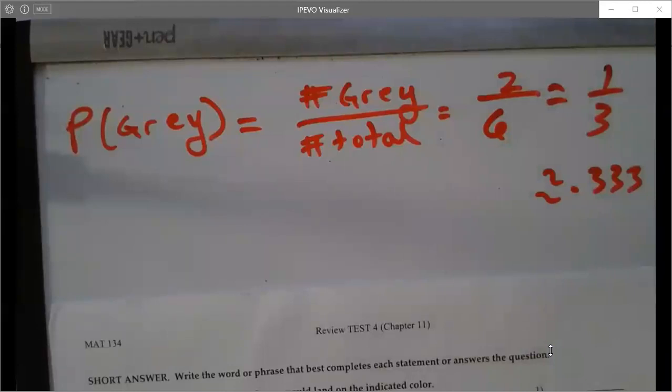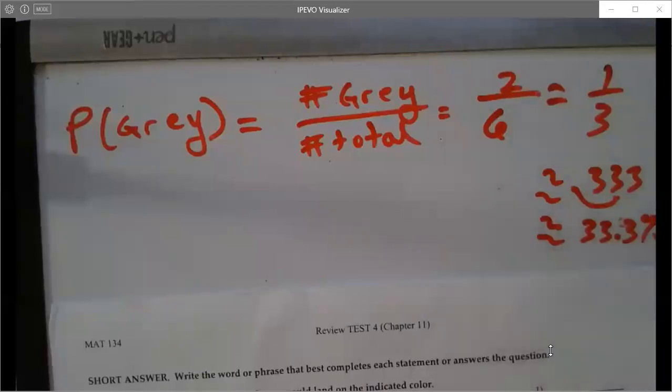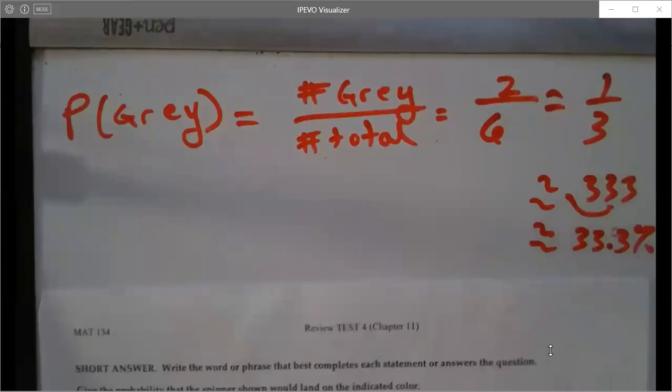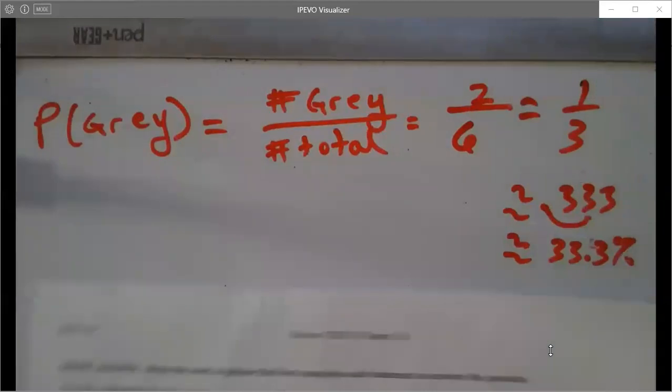As a percentage, if we move the decimal point over 2 places, it'd be 33.3%. I like to use percentages because people tend to relate more with percentages, because we use them on a daily basis.